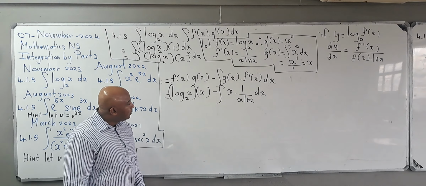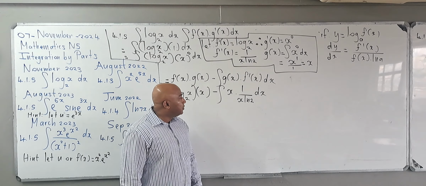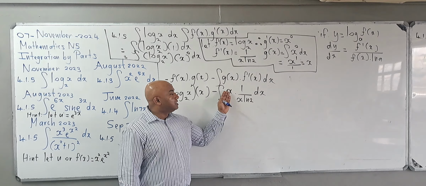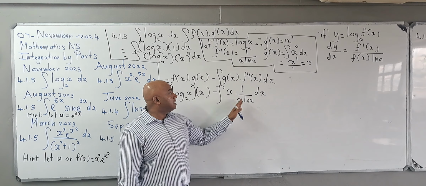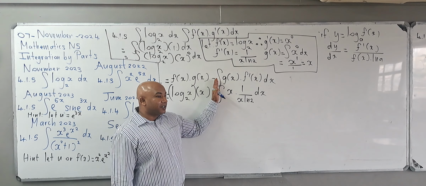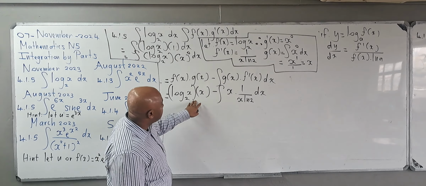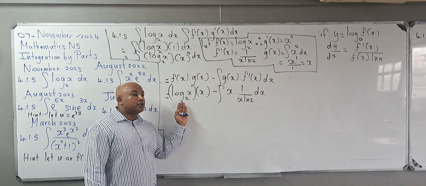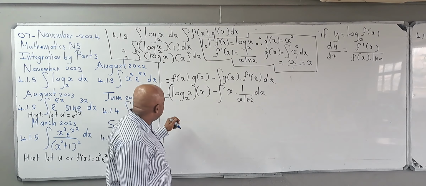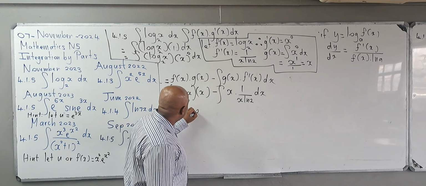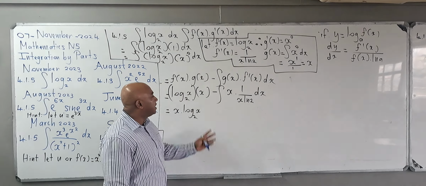Okay, now what do we do after substituting? We simplify, take our constant, write it before in front of the integration sign. So let's do that. There's nothing more to do here. We're just going to copy this down. So that's going to be x times log x to the base 2, or you can leave it as it is.